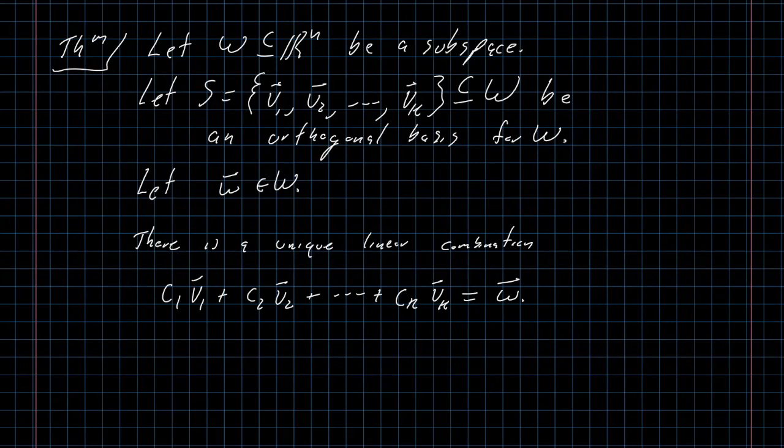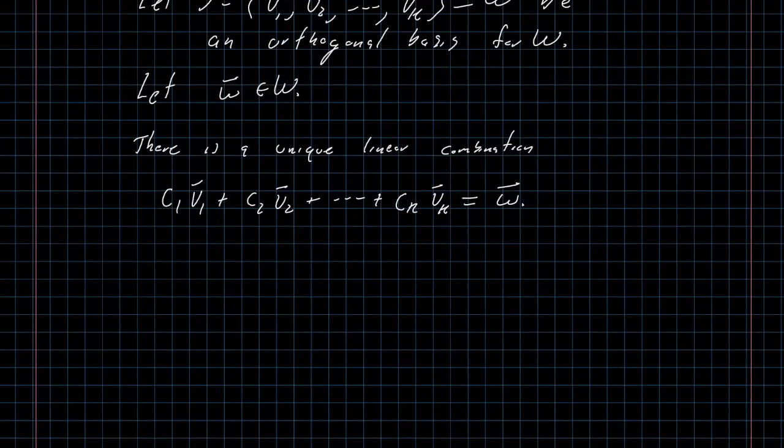We know that that is the case. I'm not proving that. I'm using the fact that this is already known to be a unique linear combination. We proved that when we talked about a basis for a vector space in the first place. The claim is that each Ci is equal to w dot Vi all over Vi dot Vi. That's the interesting thing.